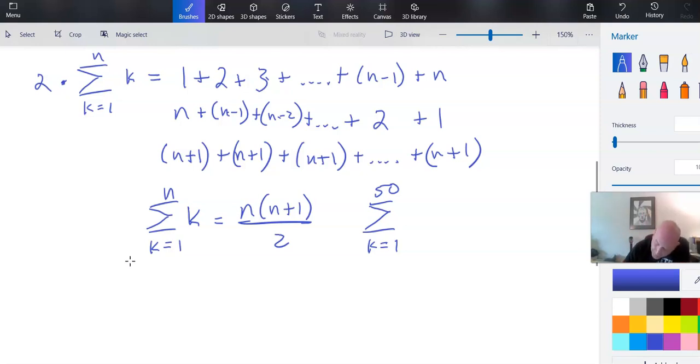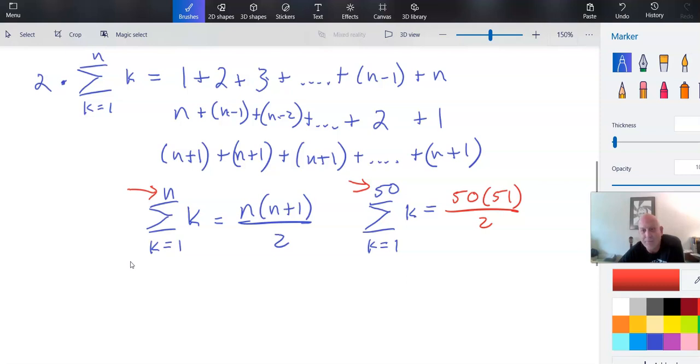No big deal. It's just time consuming. But you notice the upper index here, n, is 50. So what that means is I can use this formula with n equal to 50. So this is now 50 times 50 plus 1, which is 51, divided by 2.